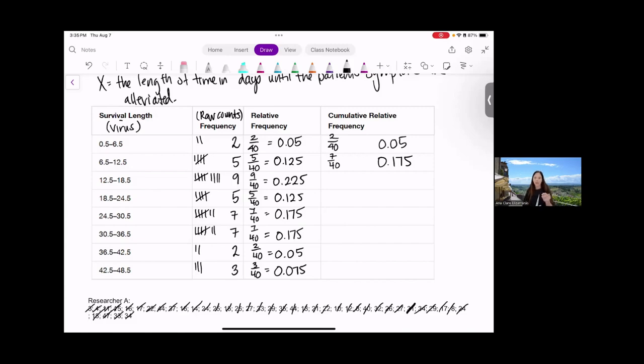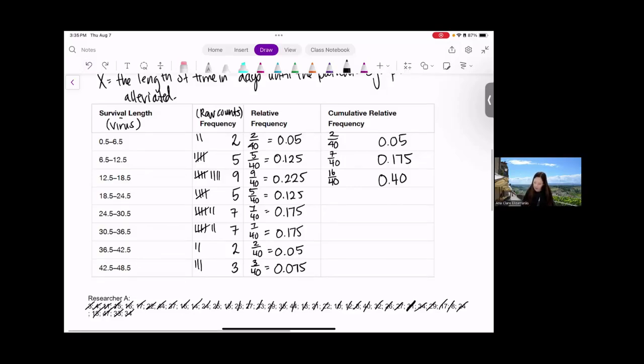Then I add the next group. So 9 plus 7 is 16 out of 40, which is 0.4. If you add the 0.225 plus 0.125 plus 0.05, those 3 pieces combined, you will get to 0.40. Adding 5, I get 21 out of 40, or 525 thousandths.